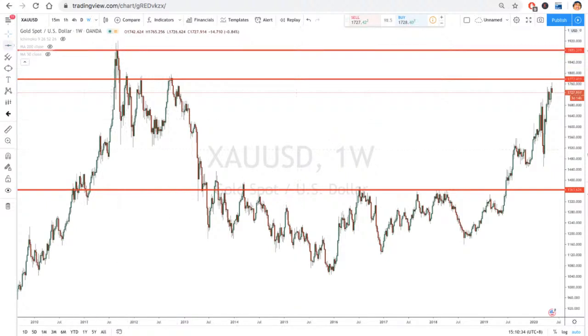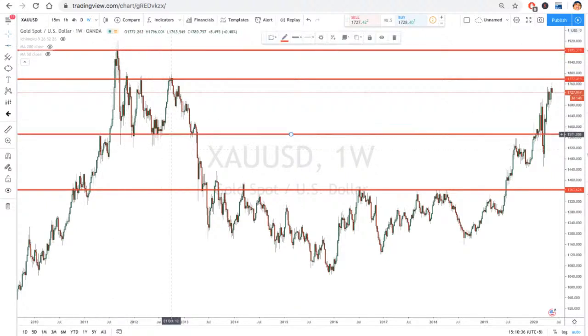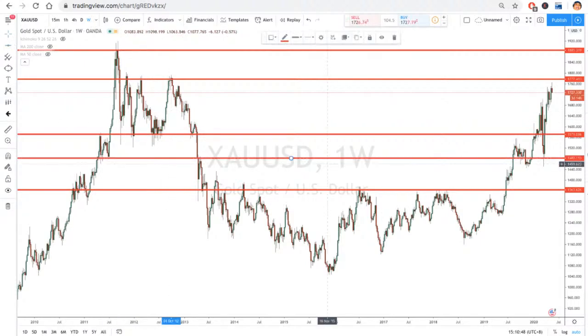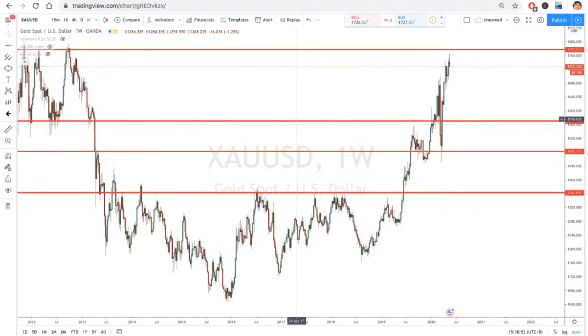And this was our resistance, which turned support here. This is the next one. We have so many lines, so these are the zones that we need to take note.